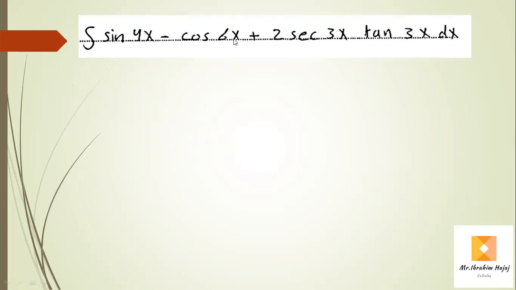Next question: 4x cubed minus sine 6x plus cosine x. Rami can try to solve it.